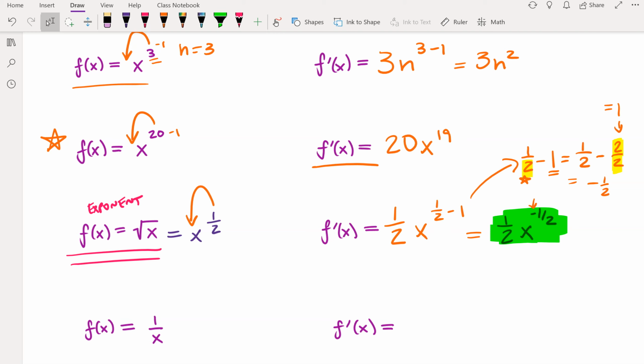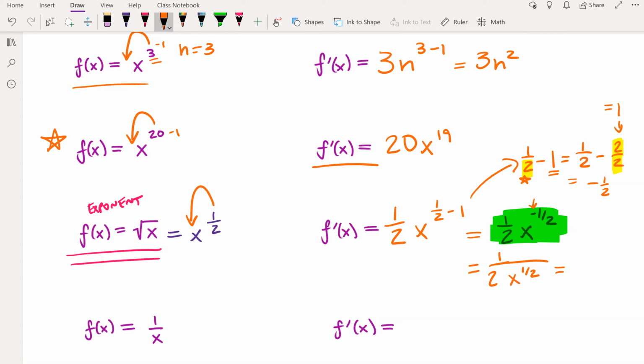It flips the position of the term. So we're going to say equals 1/2, and the x to the negative 1/2 is going to get forced into the denominator, and the exponent turns positive. And x to the 1/2 is the same as square root of x, right?